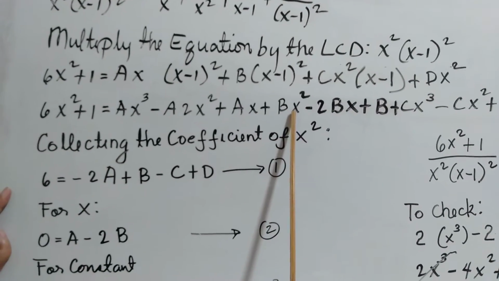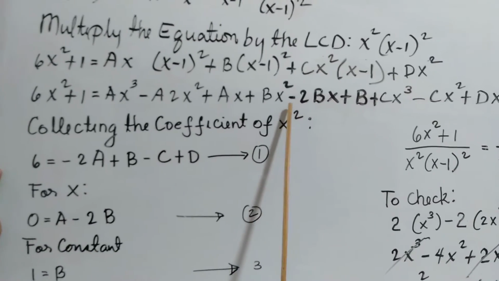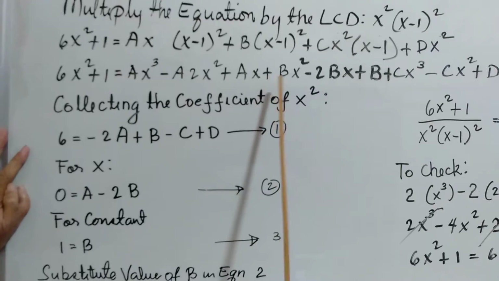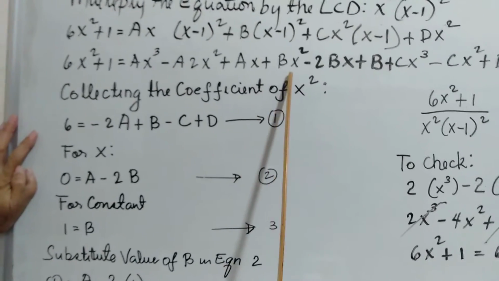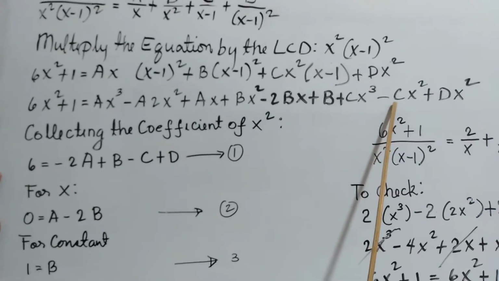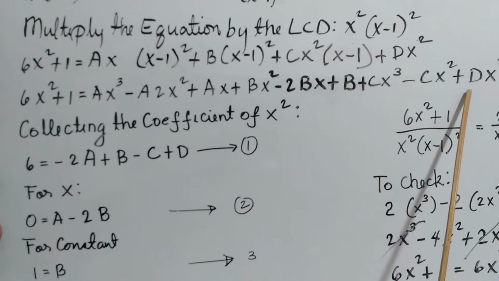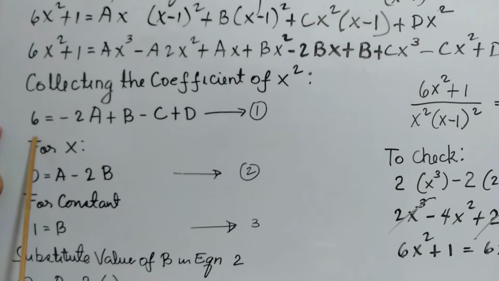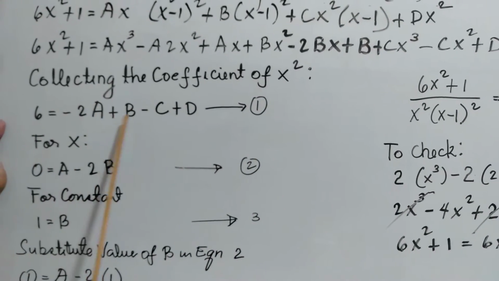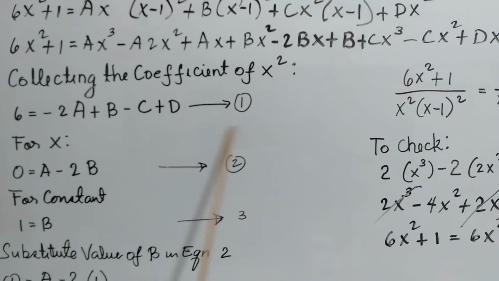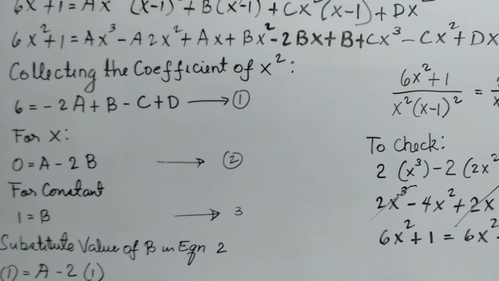For c it is negative c, and for d it is d. So upon collecting the coefficient of x squared, we get 6 is equal to negative 2a plus b minus c plus d. So we now have this first equation here.